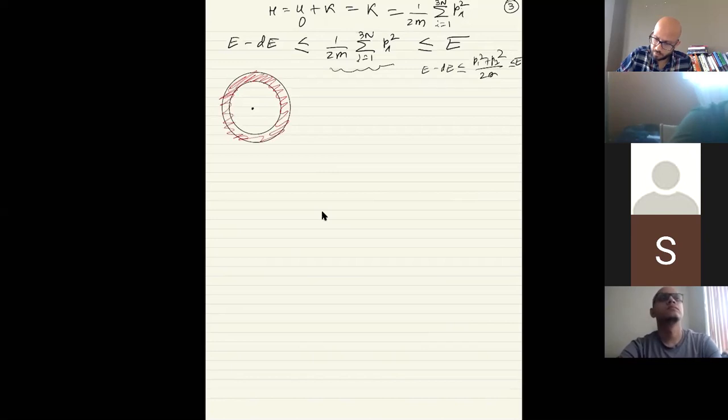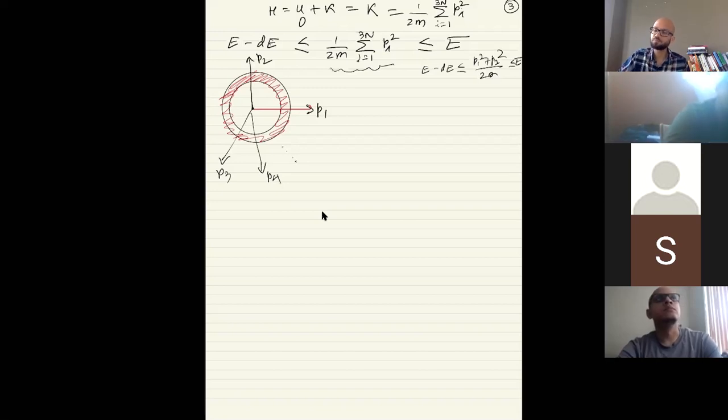So here, what are the axes? The axes are momentum, P1, P2. Now, if you go beyond 2 dimensions, then you will have P3, P4, all these other axes. It's hard to draw 6 dimensions on 2D paper.